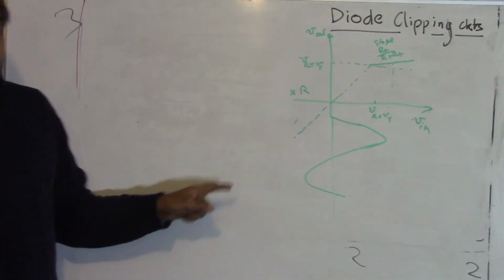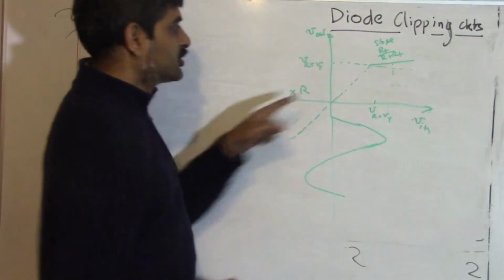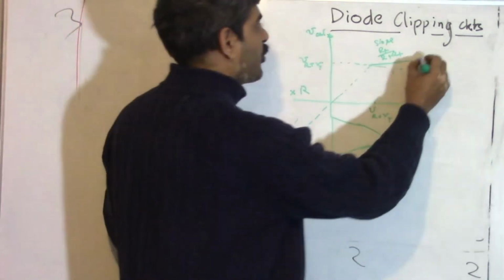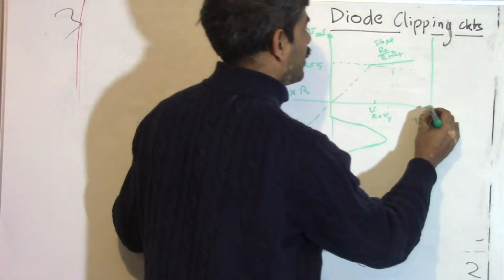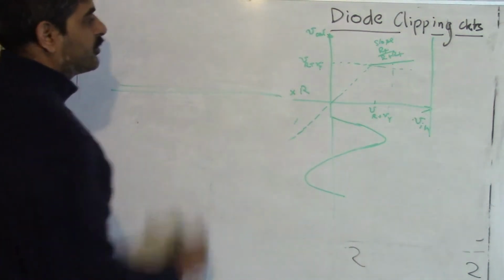So this is our input sinusoidal waveform, and we are trying to plot an output sinusoidal, to see what the output graph looks like. You can plot it here if you need to.